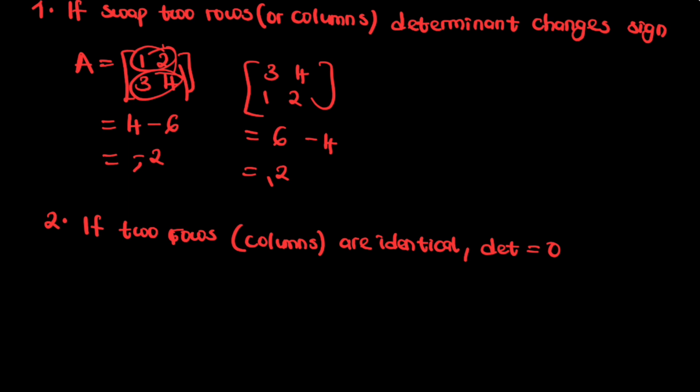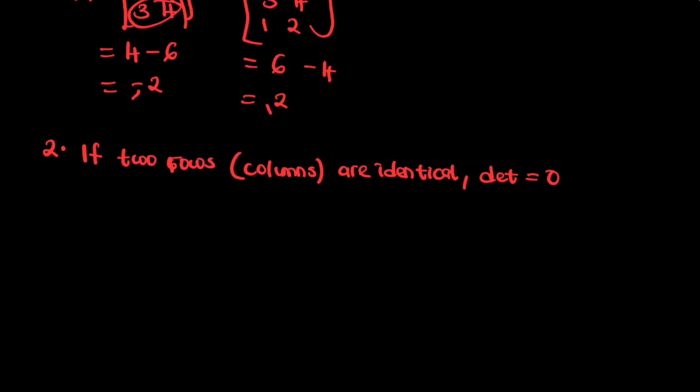So if two rows or columns are the same, then the determinant is equal to 0. Or if one row or column is a scalar multiple of another row or column, then the determinant will still be 0. Okay, this is the second property.